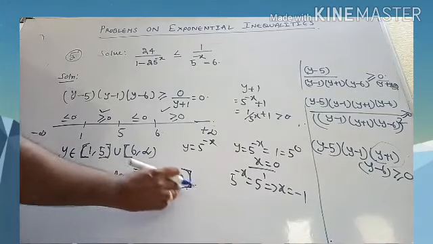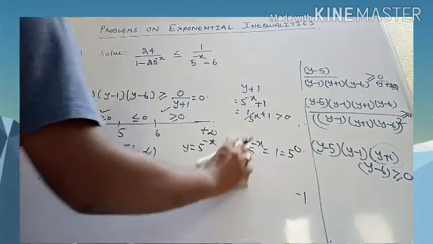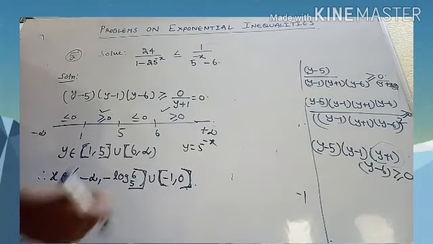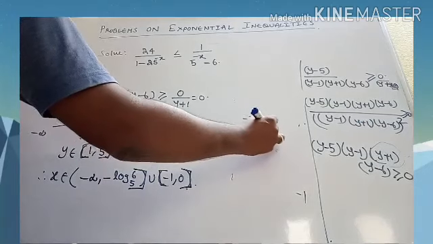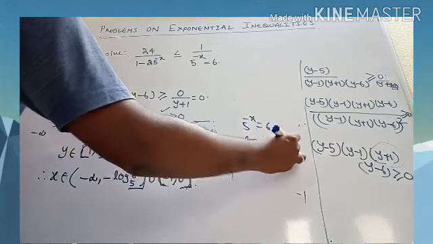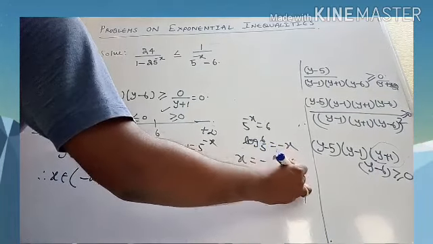That's why x goes from minus 1 to 0. And the other thing you see is 6 to infinity, right? 5 power minus x equal to 6 means log 6 to the base 5 equals minus x, and x is equal to minus log 6 to the base 5.